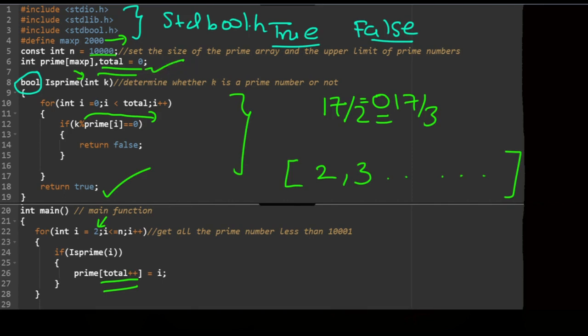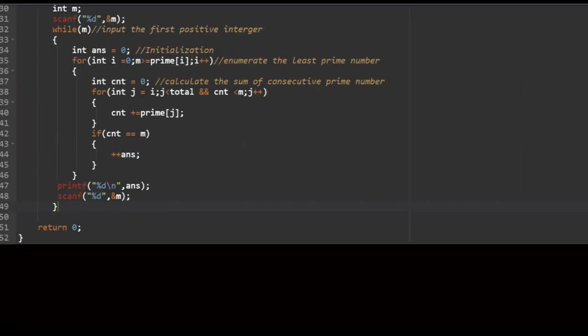Every time we need to increase the total, otherwise we'll get a segmentation fault and our code will be dumped. If the number is prime, we put it into the array, otherwise we ignore that number.